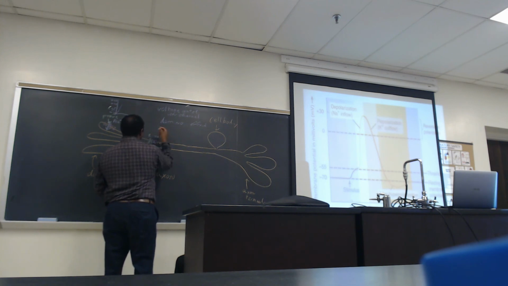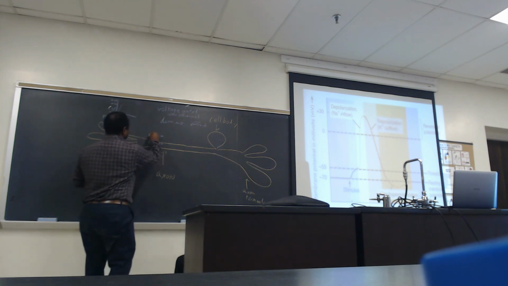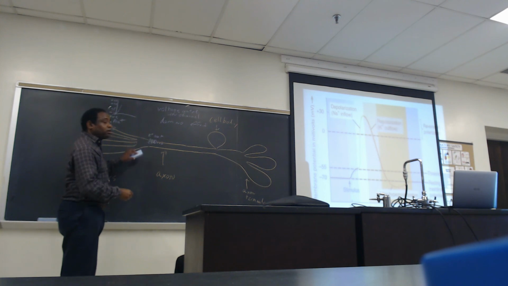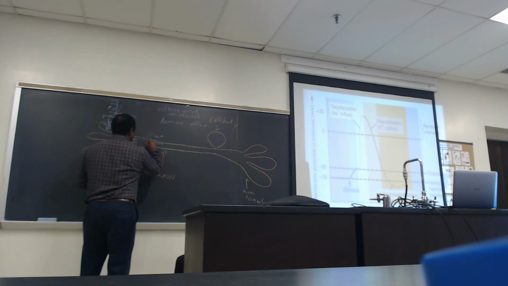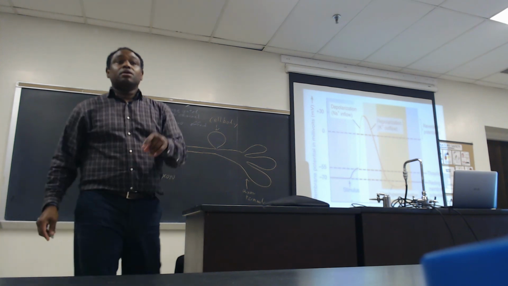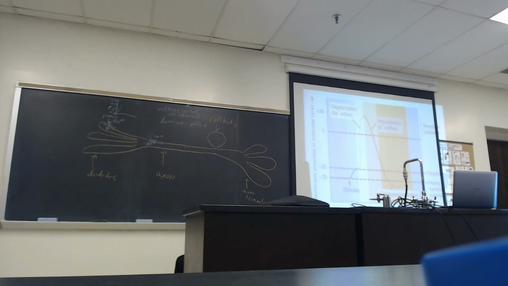Now, I'm going to ask you this. Where is potassium mostly? Is it mostly outside the cell? It's mostly where? Inside the cell. That's the difference, right? Most of sodium is where? Outside the cell. So where is it going to move?